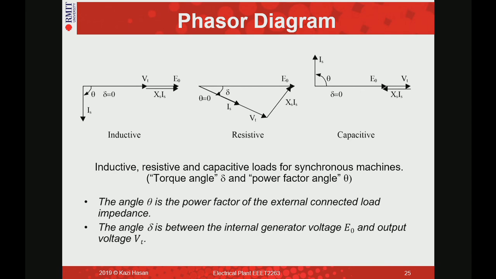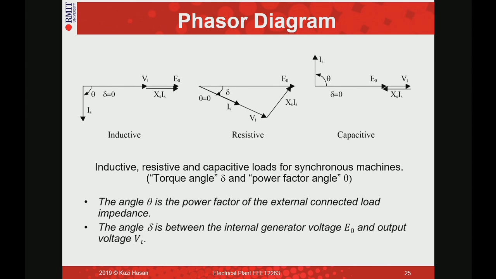Practically, they are not purely inductive, not purely capacitive. So there is a phase shift. That's why you will see some angle theta there. Whatever we have considered here, you see that we have considered pure resistive, pure inductive and pure capacitive.